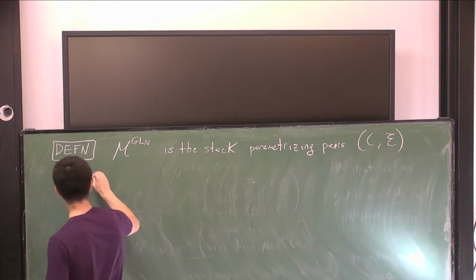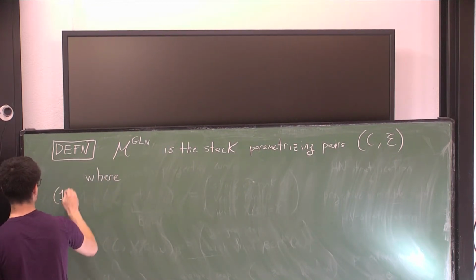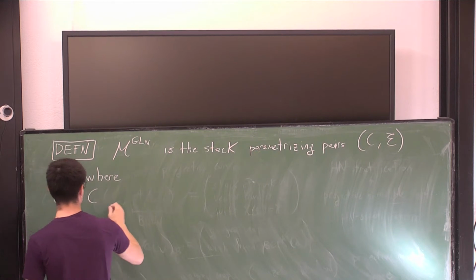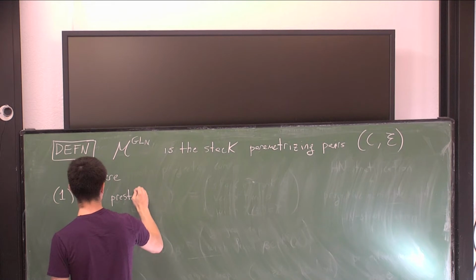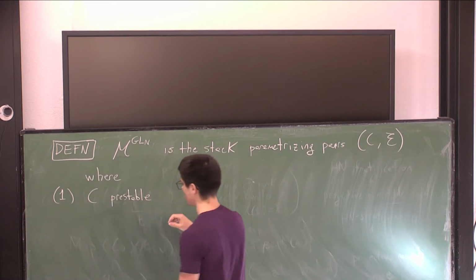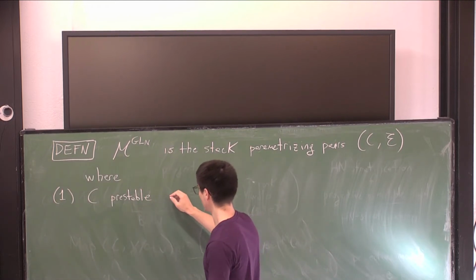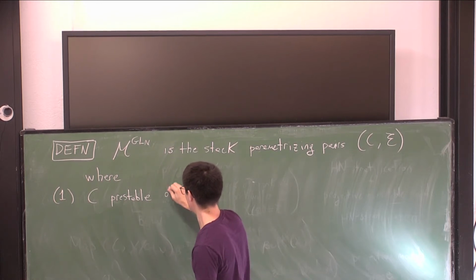So let me tell you what type of conditions we impose. First, this is a nodal curve. So let me just say a pre-stable curve. Generally a pre-stable family of curves, but let me just tell you what the points are. So it's a nodal connected curve that is going to be irreducible, and of genus g.